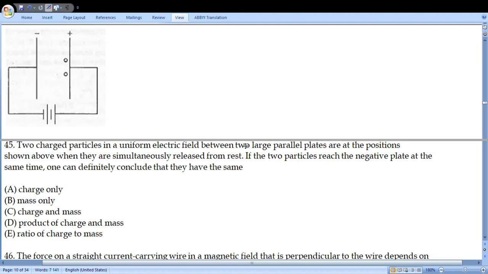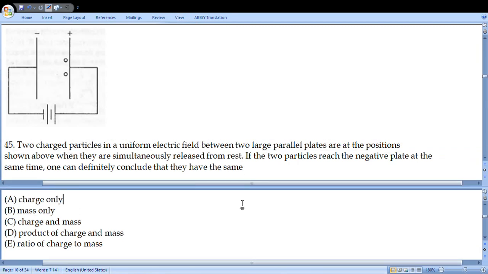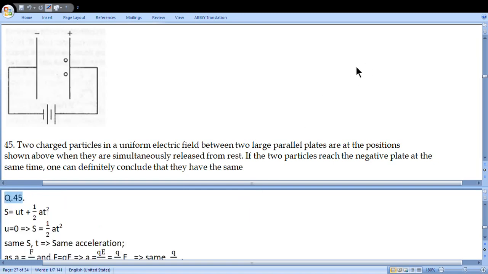So let us split again. And we need question 45. Right. Okay. So here we have a constant uniform electric field, constant force on constant mass, constant acceleration.